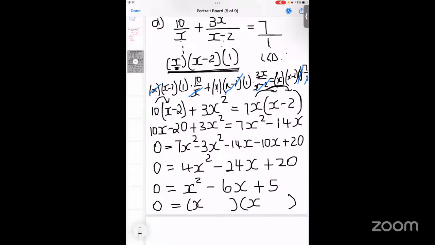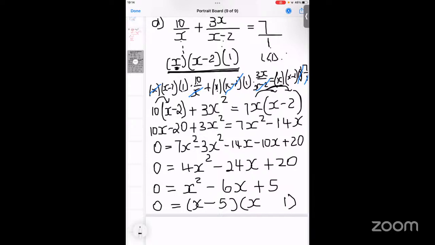So can you guys see? If you are not able to factorize, then you are going to be in trouble. I think it is 5. Multiply them together, they will give you 5. And for you to get positive 5, obviously, the bigger number takes the sign of the middle term. Positive, that's if you multiply a negative by a negative.